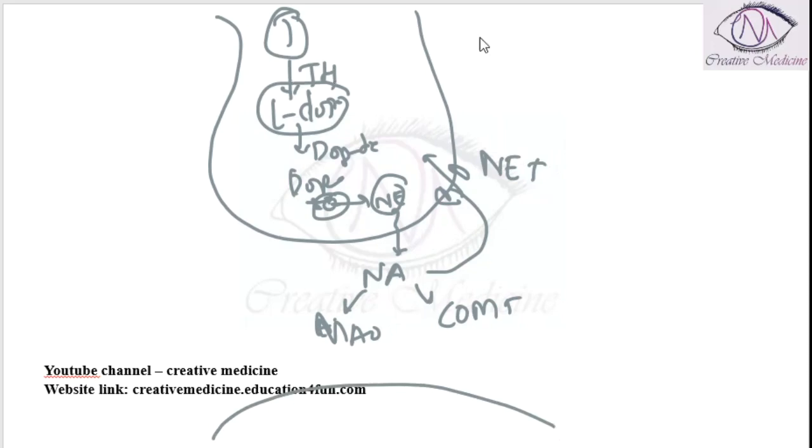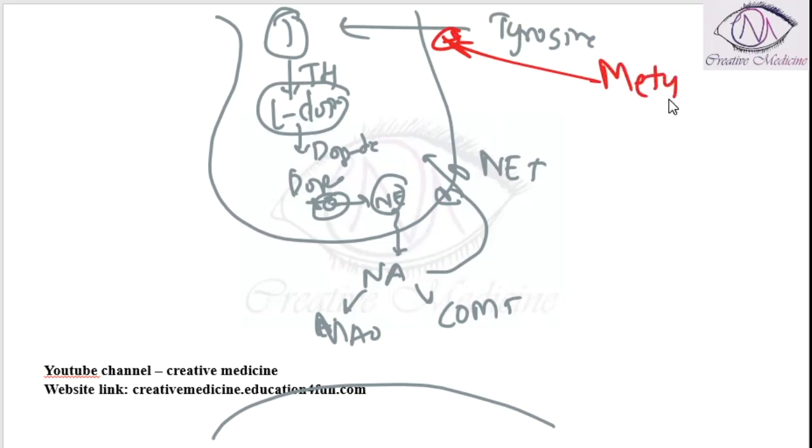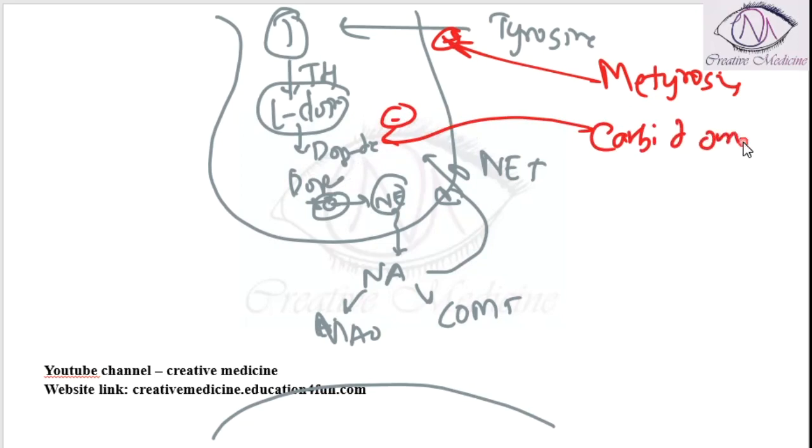So tyrosine uptake is also seen. The drugs which act in between are these. Uptake of tyrosine is inhibited by the drug called metyrosine. Then dopa decarboxylase is inhibited by carbidopa. Then the dopamine entry into the vesicles is inhibited by reserpine.